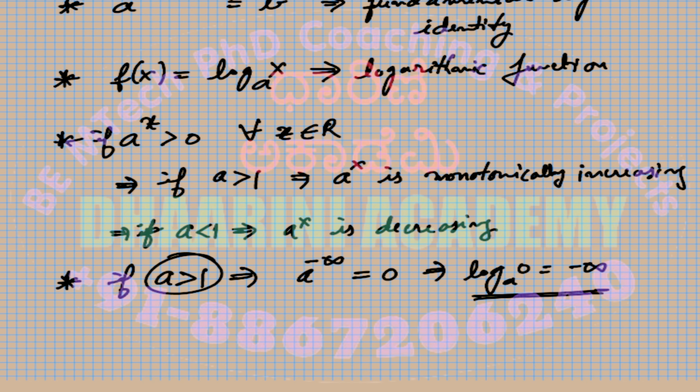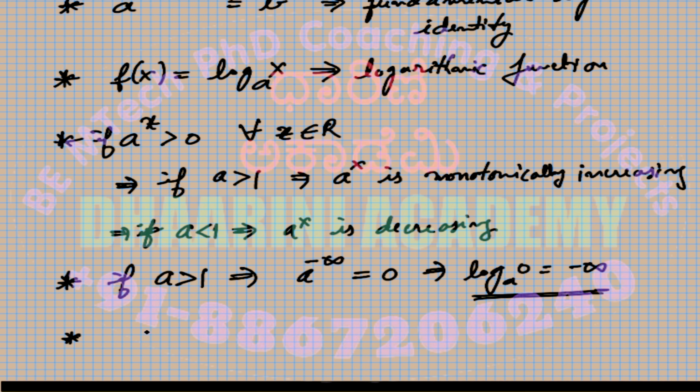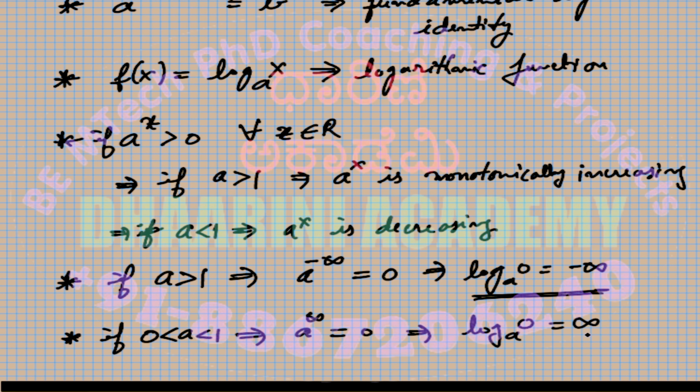Let's look at the other case. If 0 is less than a less than 1, then a to the power infinity is 0. So here, the log of 0 to the base a becomes plus infinity.